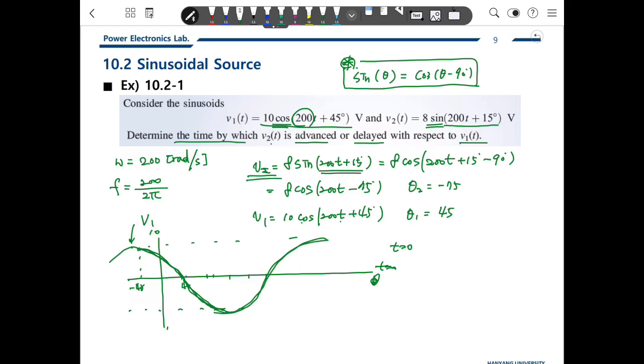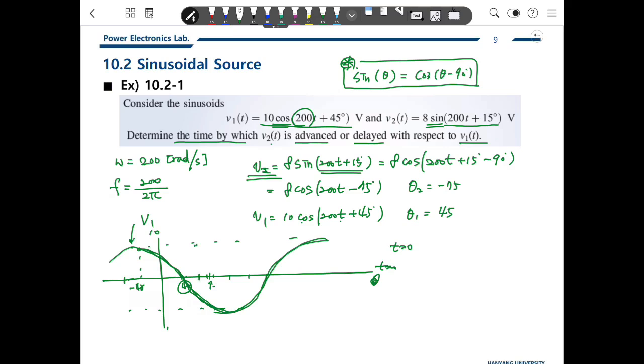V2, when t equals 0, that means this is minus 75. That means this is minus 75 here. So 45, maybe 90, and this is 75.